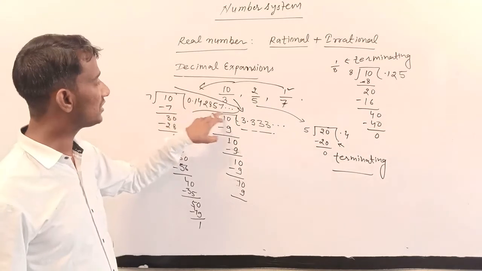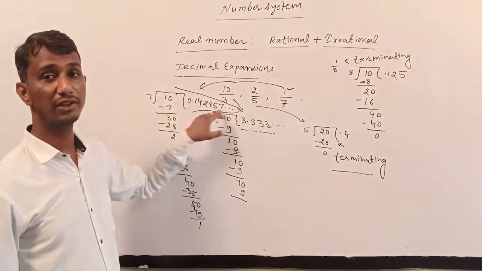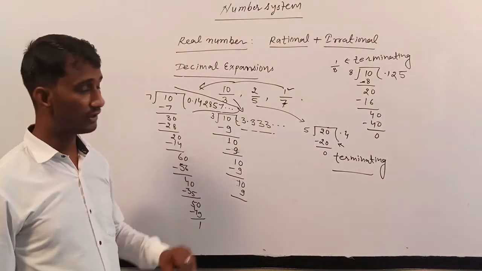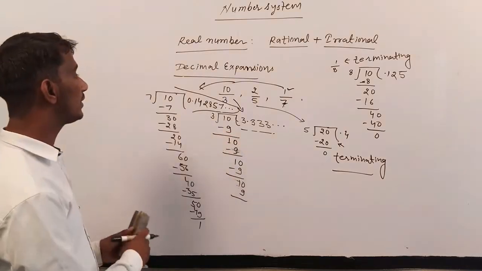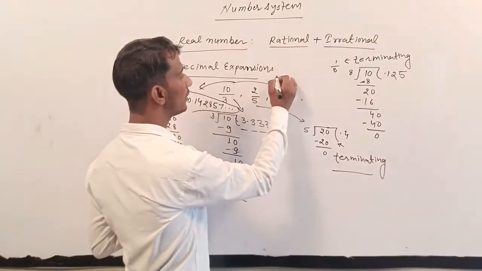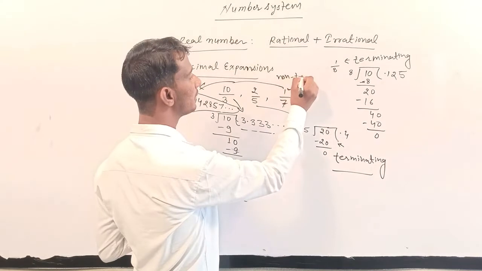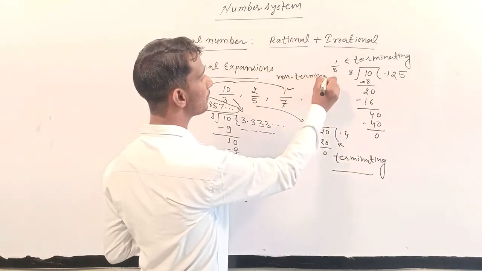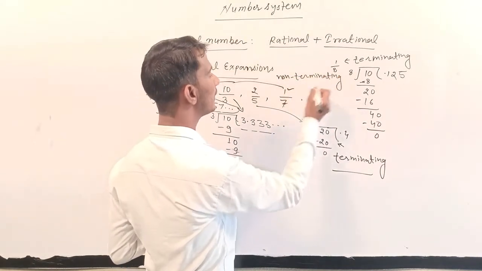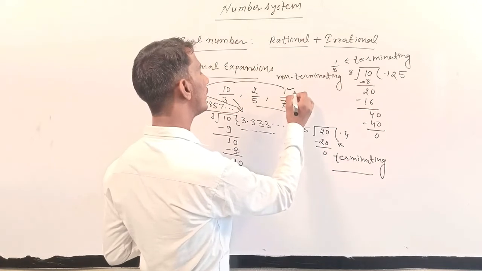So here how many digits are repeated? 6 digits are repeating. Okay, so the decimal expression of this number is non-terminating recurring.